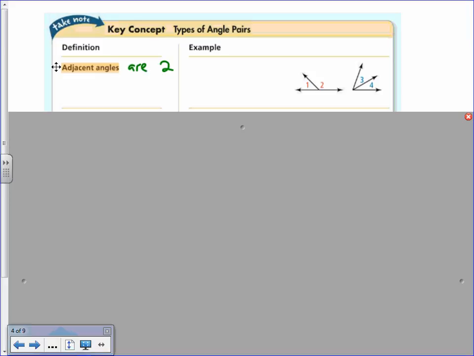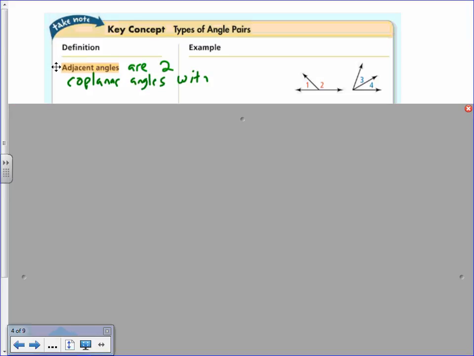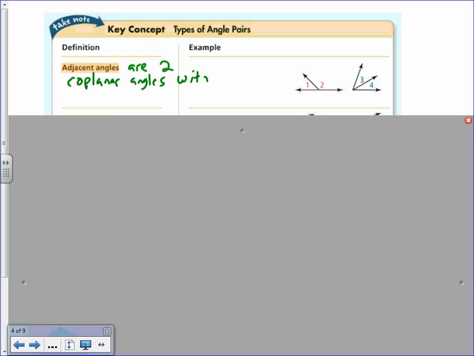two coplanar angles with a common side, a common vertex, and here's an important part, no common interior points.